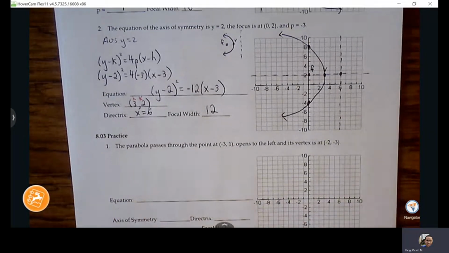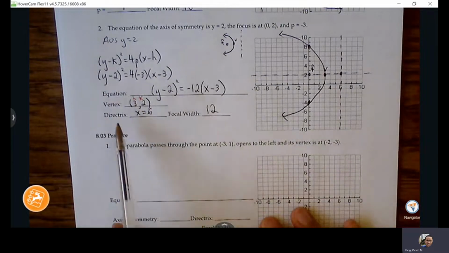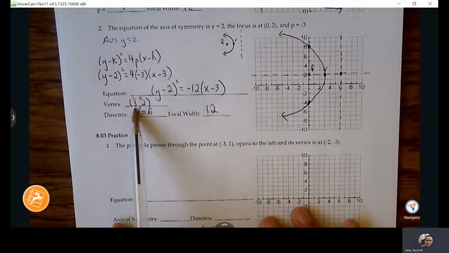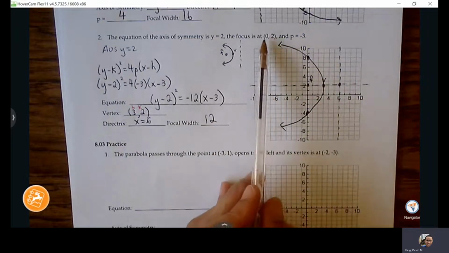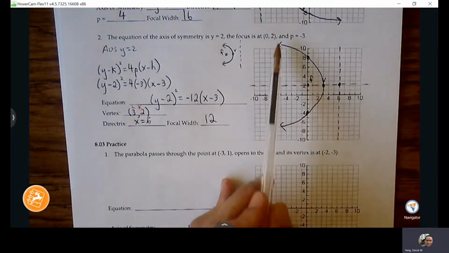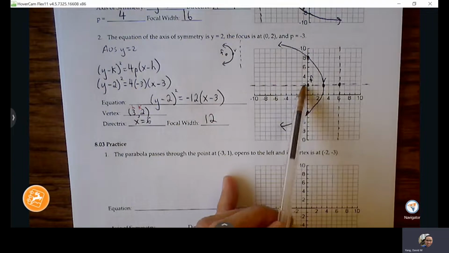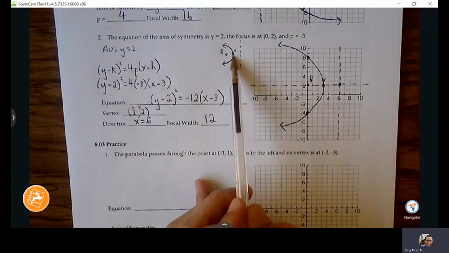So where do you get the -3 from the h? For x -3. Oh, the vertex was 3, 2. I counted from my focus. My focus is 0, 2. I know because my p is -3, I have to go to the right to get to my vertex.